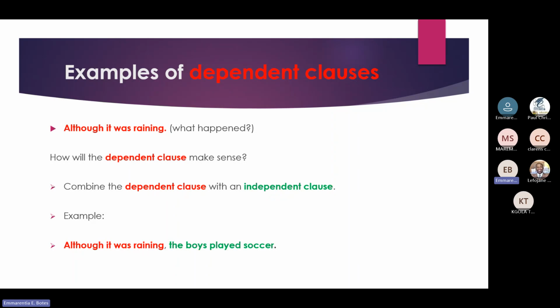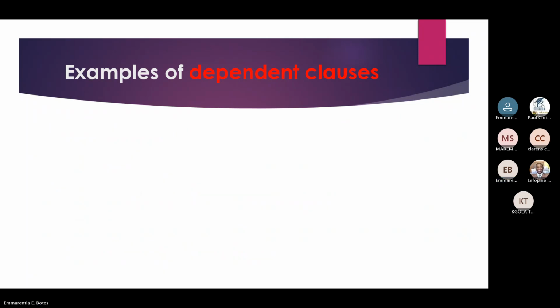Now it makes sense. Our dependent clause, although it was raining, cannot stand on its own. It doesn't make sense. It's not a complete thought. But if we combine it with the independent clause, then we can see that it makes sense: although it was raining, the boys played soccer.